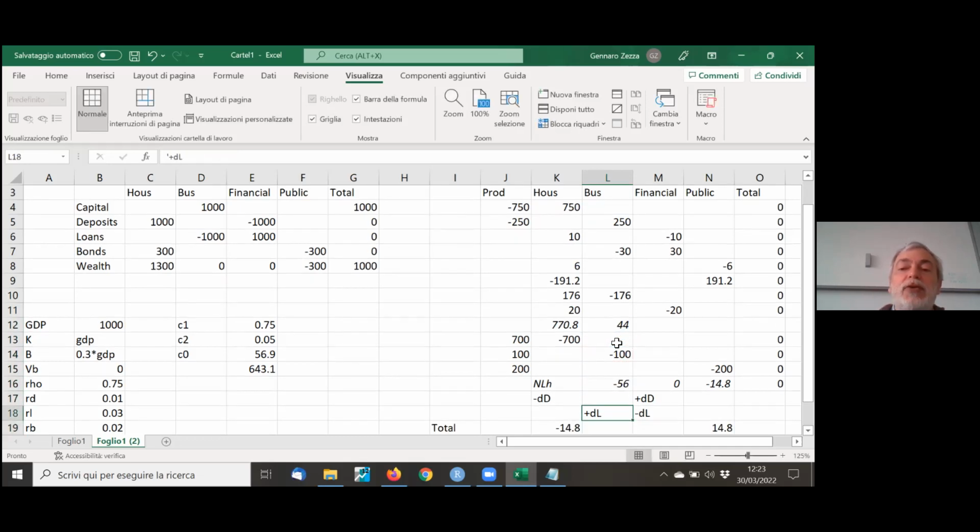So we will have minus 56 will be the lending that firms need to fill the gap between profits and investment. And this should be, don't know why. Yes, so this will be what they borrow.